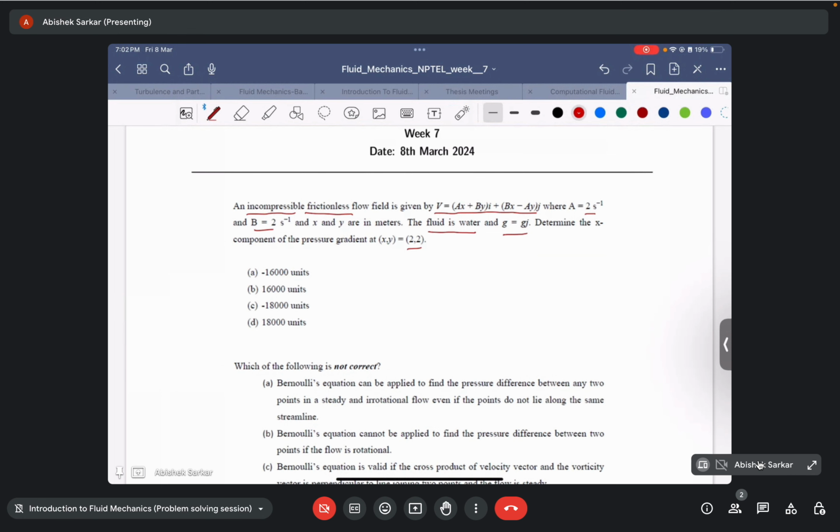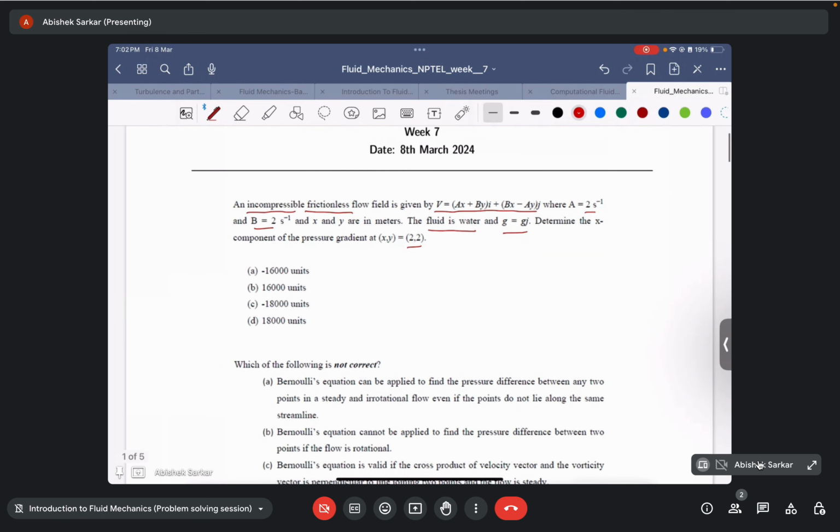Since the flow is frictionless, you can directly consider Euler's equation of motion. Moreover, which coordinate direction should we consider? Since the body force is along the y direction, to simplify our calculations we can consider the x component of Euler's equation, because there is no body force there, so we can directly solve it.